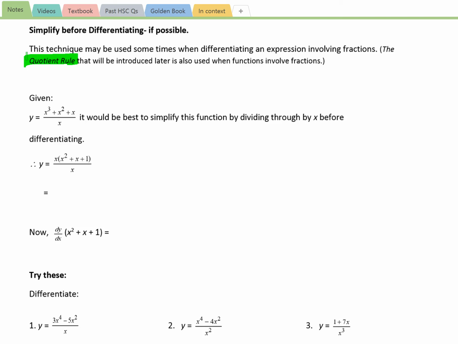So, always consider whether a function you're being asked to differentiate, or graph for that matter, could be simplified. And if it can, then we will simplify it.